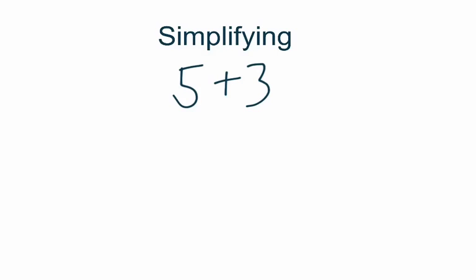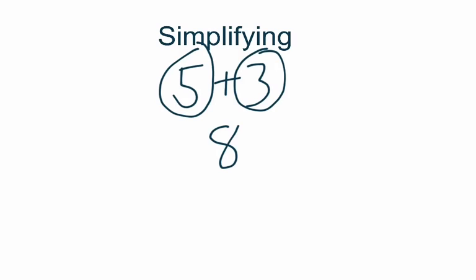No, we, in our head, quickly say, okay, there's a group of 5 and a group of 3, and we say, oh, look, there are 8 ducks. So we just simplified. Instead of saying 5 plus 3, we said there are 8. They mean the same thing. 5 plus 3 is 8. So all we did was make it more simple.